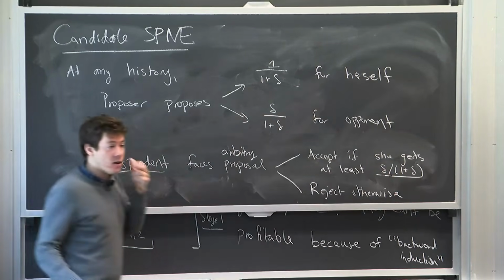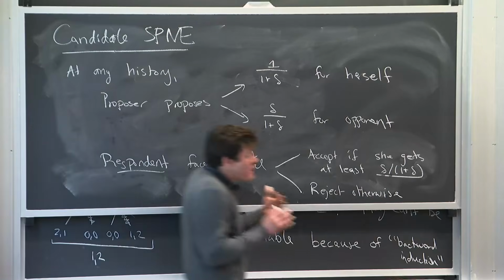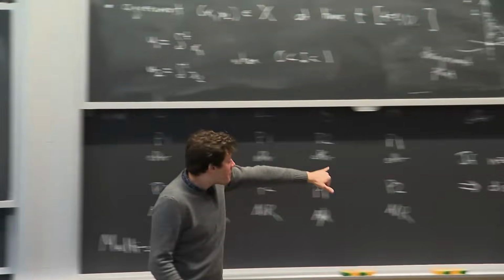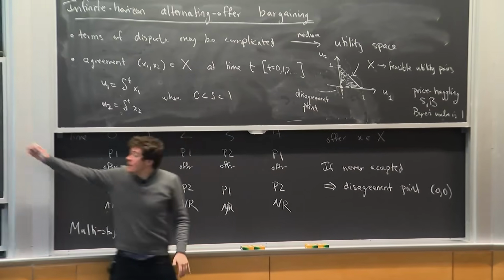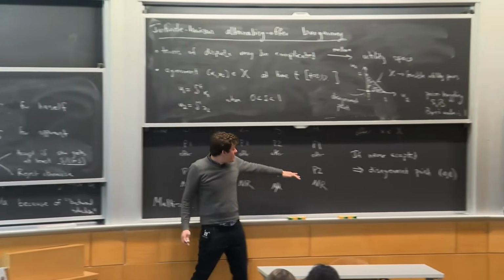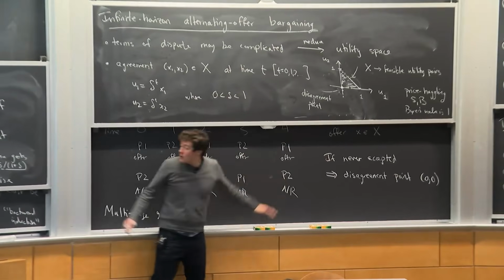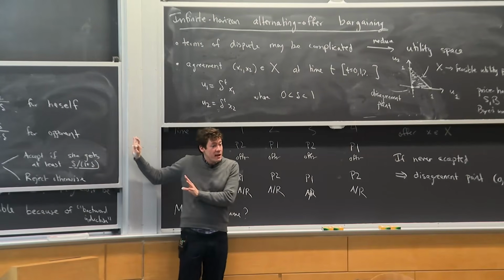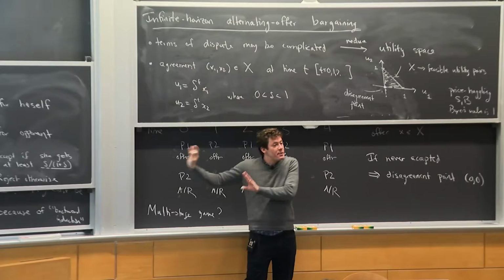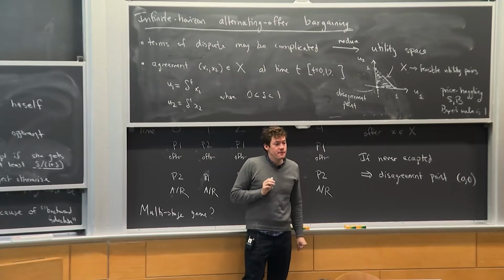And this is going to be our strategy. Remember, this specifies a lot. If we're at some really complicated history, whoever's the proposer is going to propose exactly this split. And if we're down here, whatever's offered, the respondent is going to follow up with exactly this strategy. So this is a complete contingent plan in the game. I didn't write it out really mathematically, but it's capturing a lot of complexity.